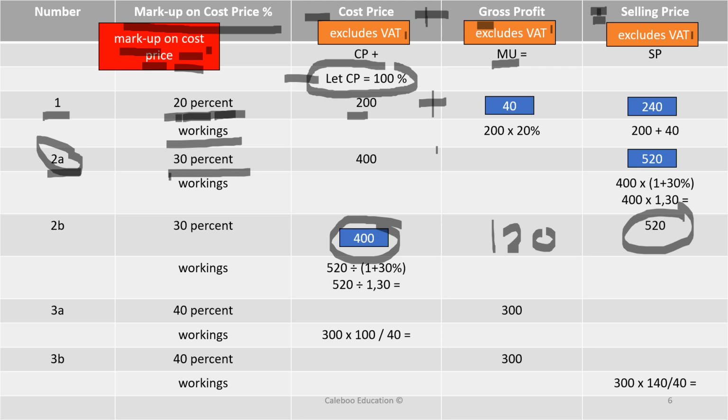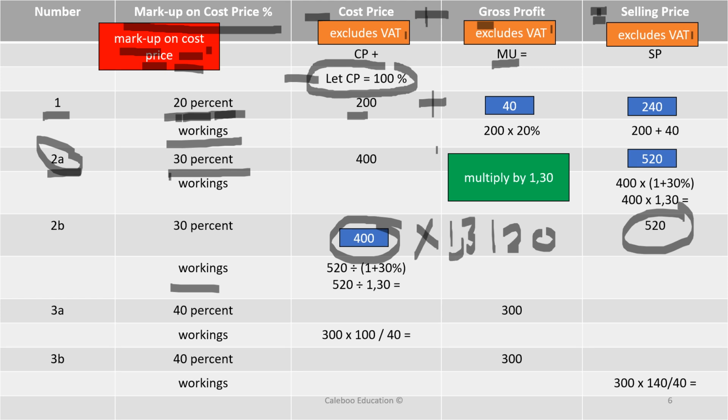And 2b, they are multiplied by 1,3 to go from 400 to 520. I added 30%, and like I said, if I want to go from the 520 to the 400, I divide by 1,3. So I went from selling price to cost price. First of all, I went from cost price to selling price. Then I went from selling price to cost price.